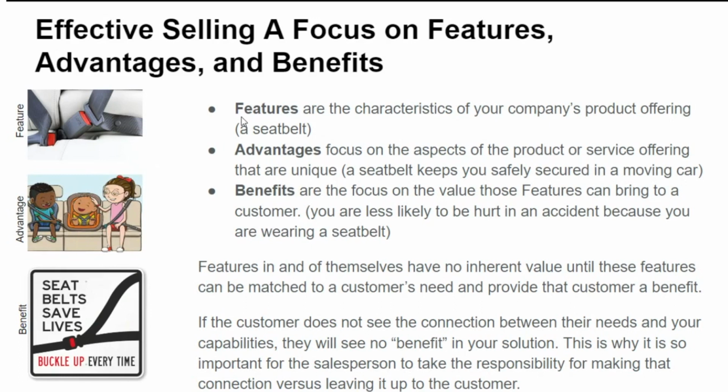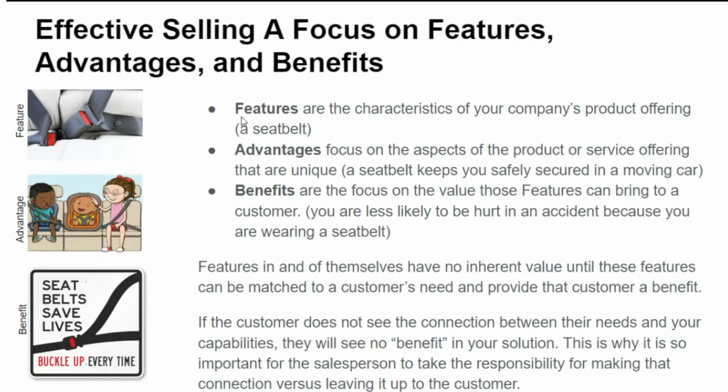Now, some of the benefits have real tangible benefits. So if something is finely machined, for example, like the tolerances on it are thousandths of an inch, and you say, well, that's wonderful. And I say, well, who cares? I don't care if it's thousandths of an inch. What difference does it make? Well, the key thing is you have to be able to explain to me, well, when you have a thousandth of an inch or less than a thousandth of an inch as a feature, that means that the product is within a specification that will allow the product to do the job better.